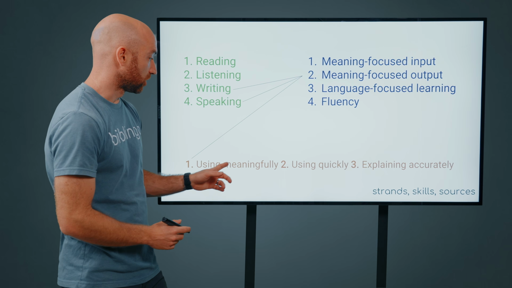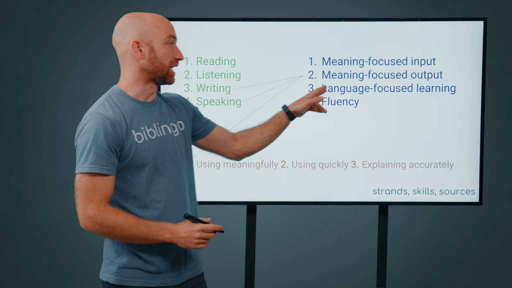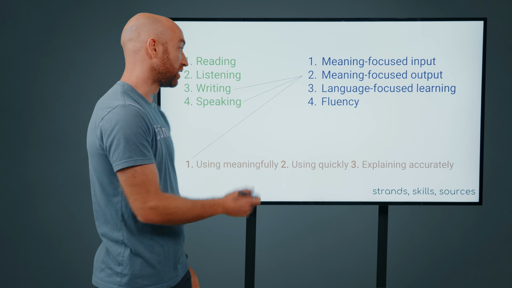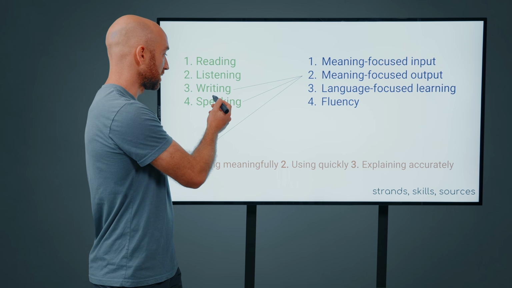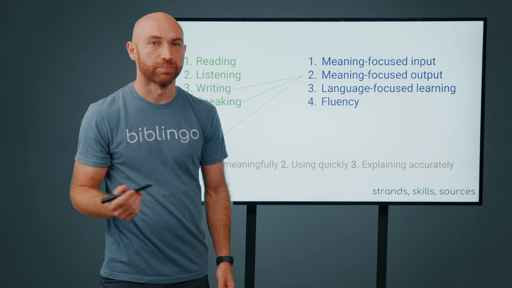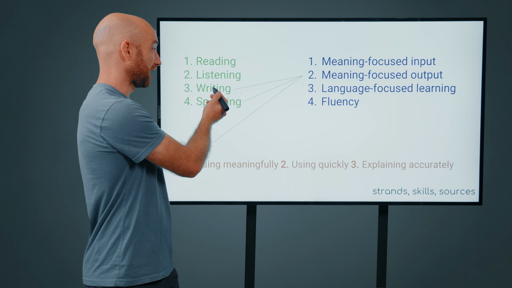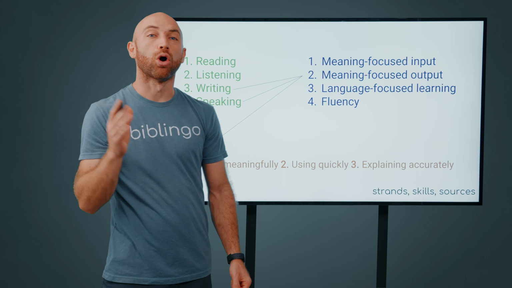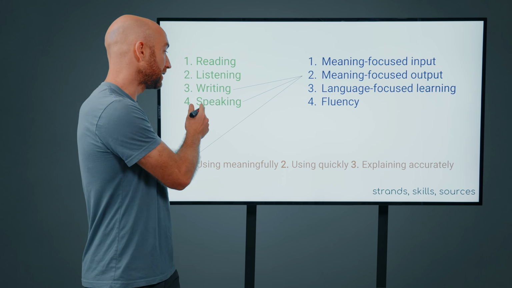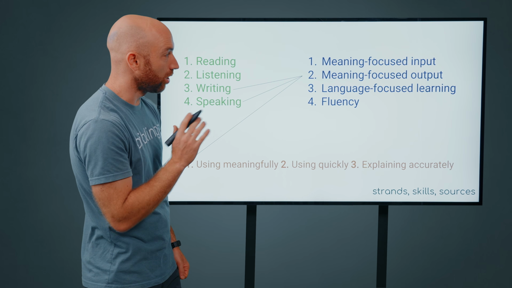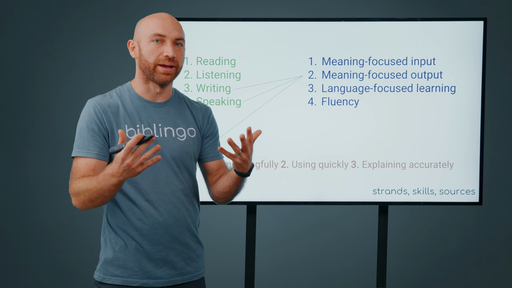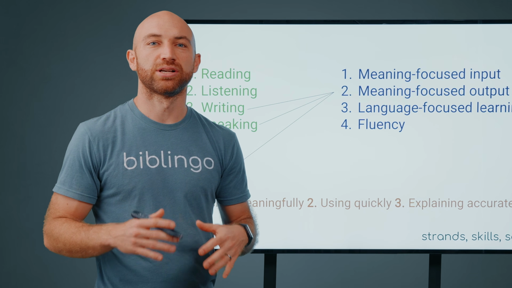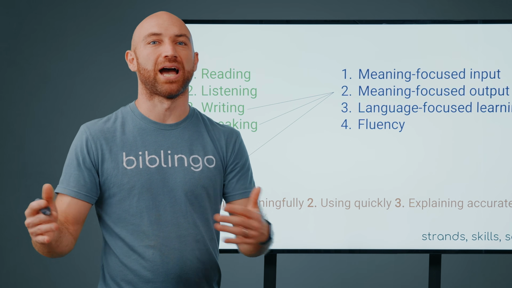So next, using language meaningfully in meaning-focused output. So the 2 skills associated with this are writing and speaking. So when you're writing, again, it is like reading in that you go at your own pace. Speaking is also similar in that you can go at your own pace, but usually in a conversation, there is a sort of expected pace at which to go.